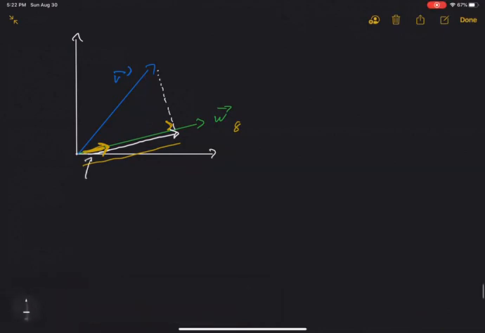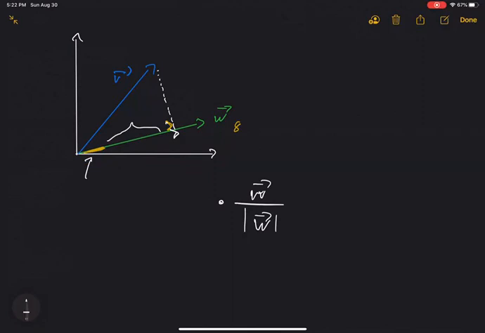Now, what is that unit vector? Remember, that unit vector would be W divided by magnitude of W, right? Okay. So I need to multiply W over magnitude of W by something to scale it up. Okay. So really what I need to do is I need to find this length, right? I need to find that length.